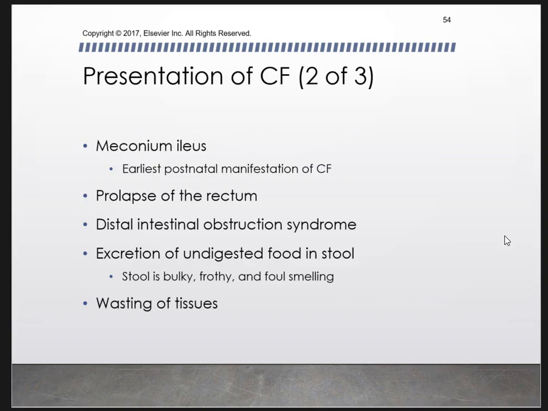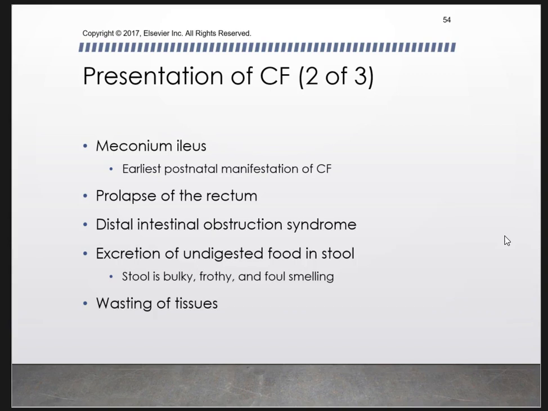One of the earliest possible signs that we would see in a kiddo with CF would be a meconium ileus. The distal intestinal obstruction syndrome, that's another one. A big classic sign is going to be the stool.